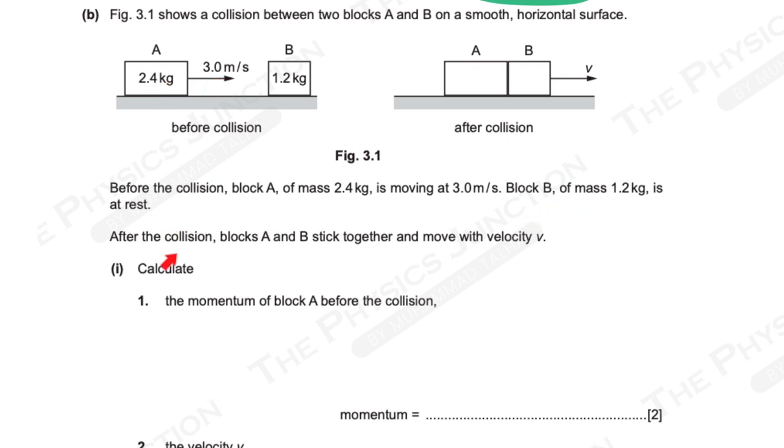B is at rest. After collision, blocks A and B stick together and move with velocity v. Calculate the momentum of block A before collision. So this is very easy. It's just mv. So 2.4 times 3, which is 7.2 kg meters per second.